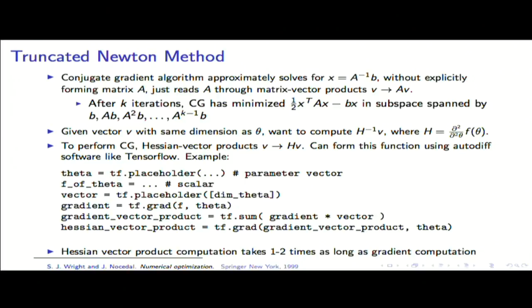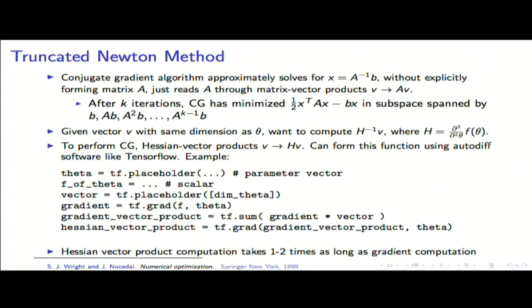If k equals the dimension of x, then you exactly solve this linear system, and you get A inverse b. But we're just going to treat conjugate gradient as a black box that approximately computes A inverse b.